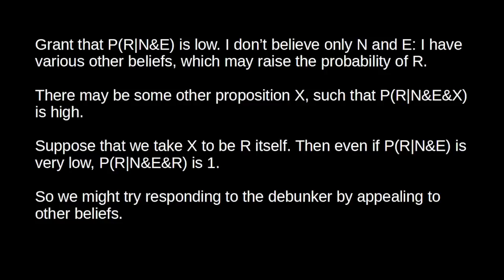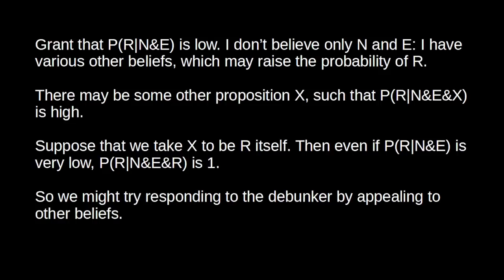I have a variety of other beliefs as well, and some of these other beliefs may raise the probability that our cognitive faculties are reliable. So we can grant that the probability that our faculties are reliable, given naturalism and the evolutionary story, right? We can grant that this probability is low, but there may be some other proposition X such that the probability of R given N and E and X is high.